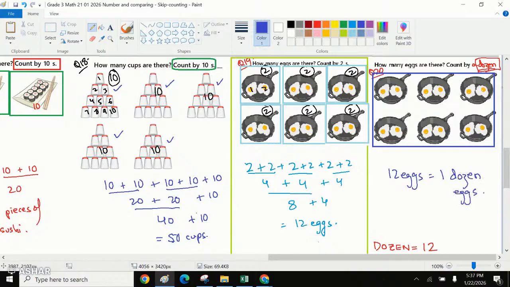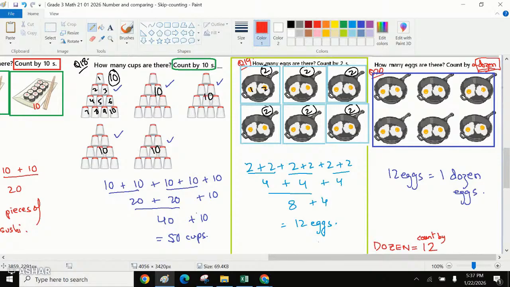So I just wanted to introduce a new word, that is a dozen. Yes, thank you, chef. But it's just general information, right? We changed the question to create a new word. So if we are counting by twos, a dozen would mean count by 12, right?